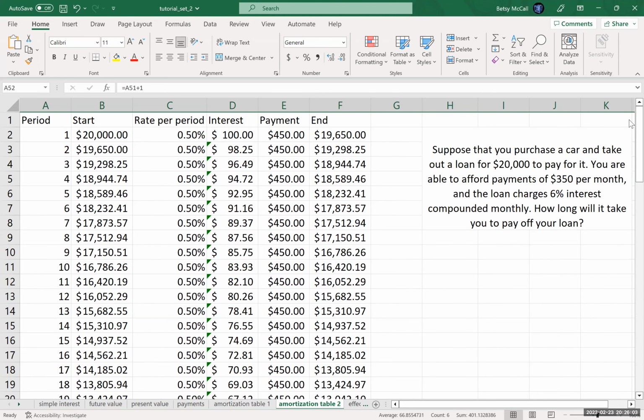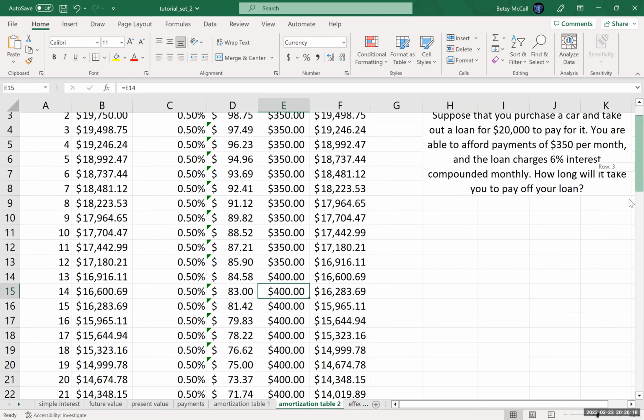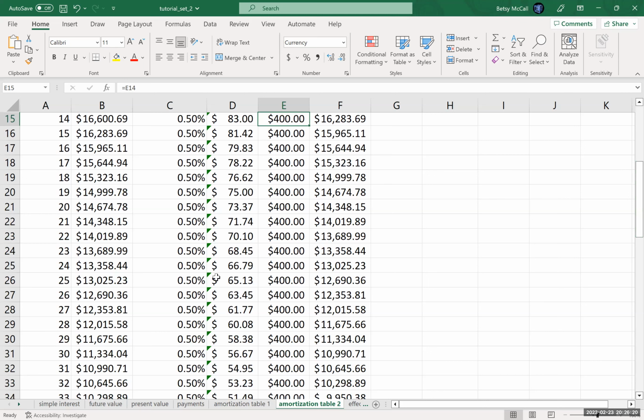You can certainly do that with the payment formulas, but using an amortization table, you could figure, well, I can only afford $350 right now, but after a year of making payments, I'm going to up that to $400. And then after another year of making payments, I'm figuring I'm getting a raise, right? So I can up that to $450.